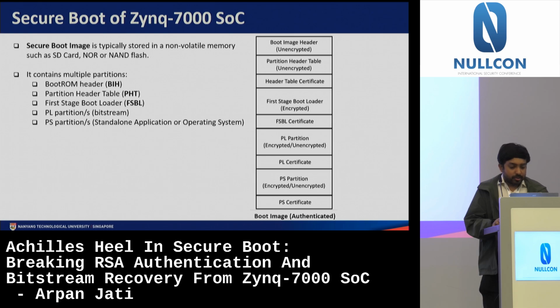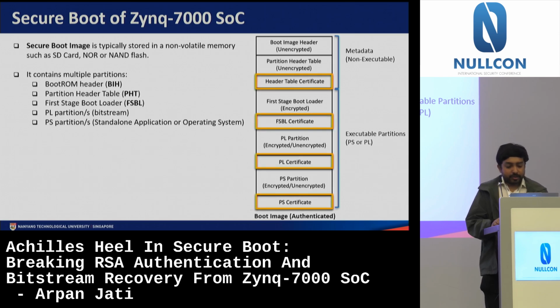Now I'll go into some more detail. There are certificates attached to each of the individual elements which need to be protected, because it's RSA, so they are signed. In this example, there are 4 different certificates used.